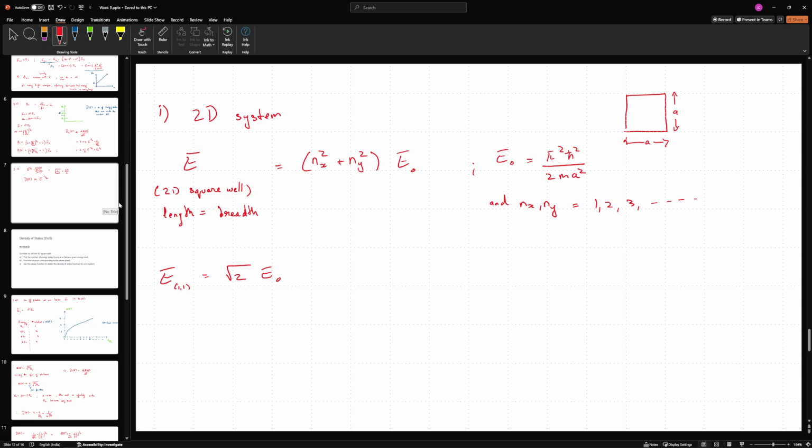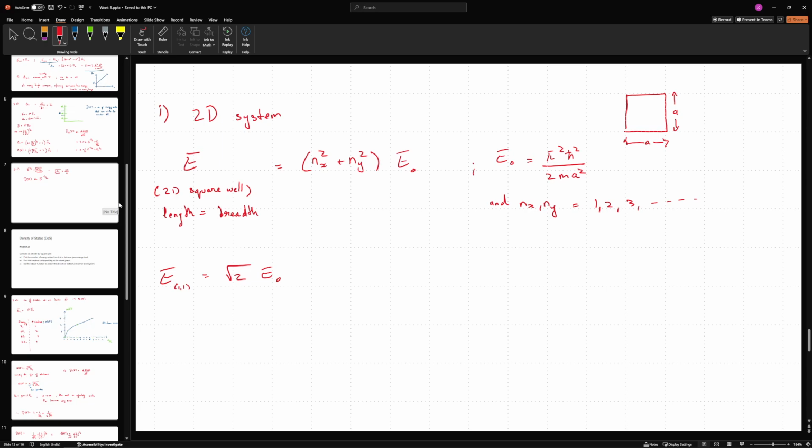We found that for a 1D system it was somewhere in the milli electron volts, if you consider the particle to be an electron and the confinement to be around 5 nanometers. Now, if I consider everything the same and increase the dimensionality from 1 to 2, that energy jumps up by a factor of 2. So the more degrees of freedom I give my electron, the more dimensions it can move in, the higher the minimum energy it requires to stay.